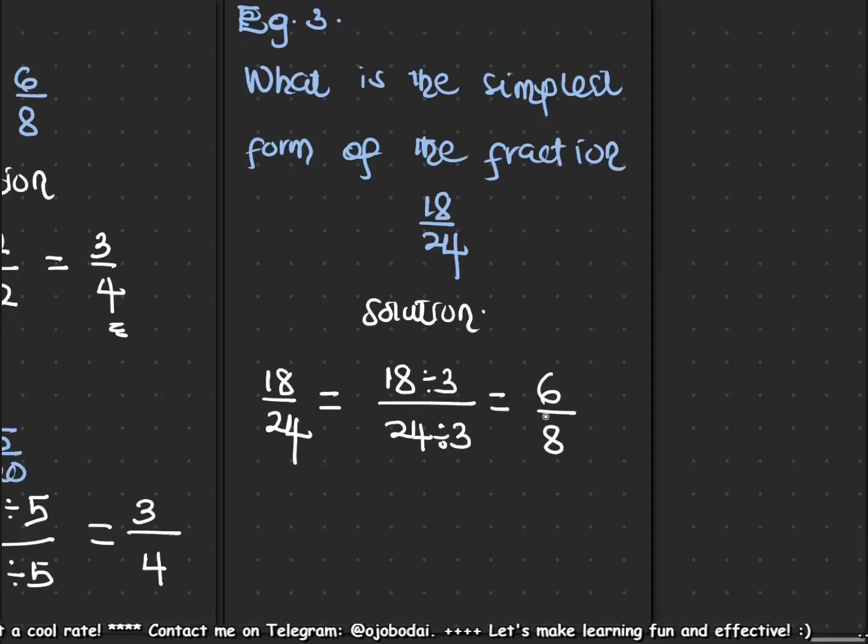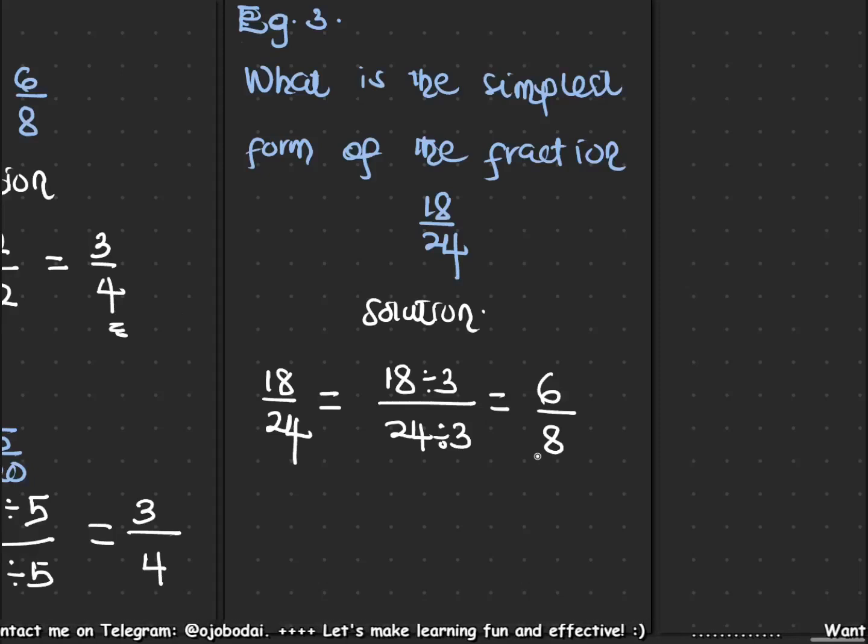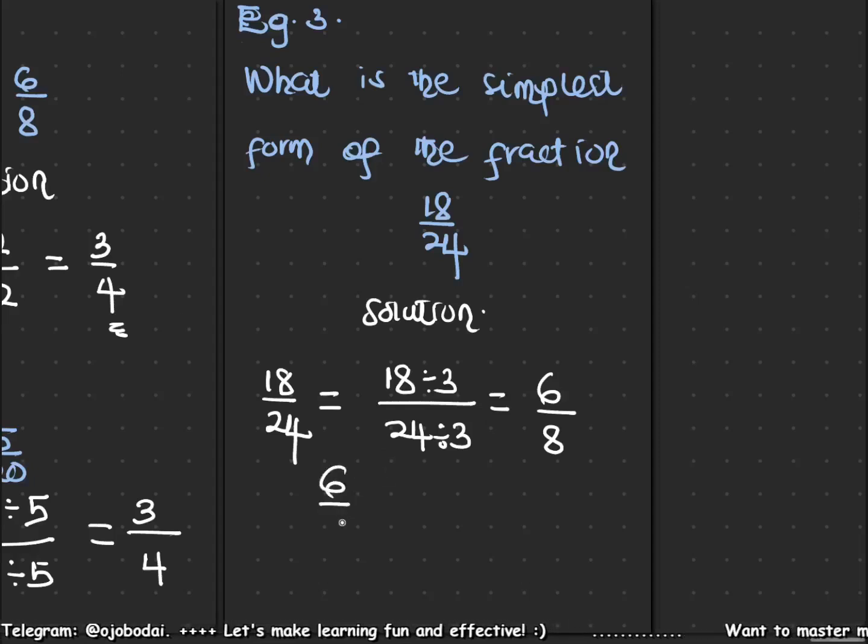You would realize that 6 over 8 still has another number that can divide both of them. So this means we didn't divide by our highest common factor. Hence, we have to divide again.